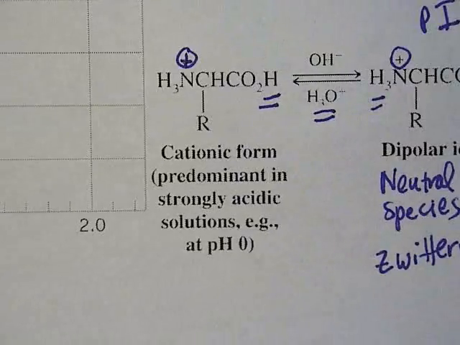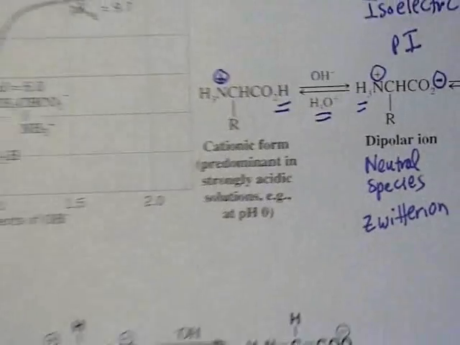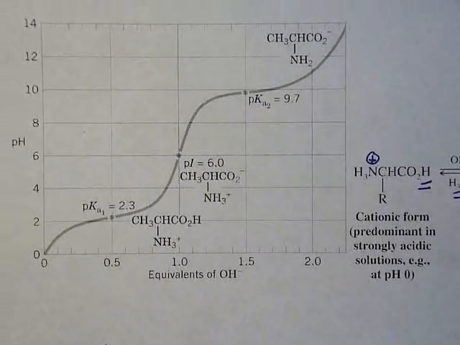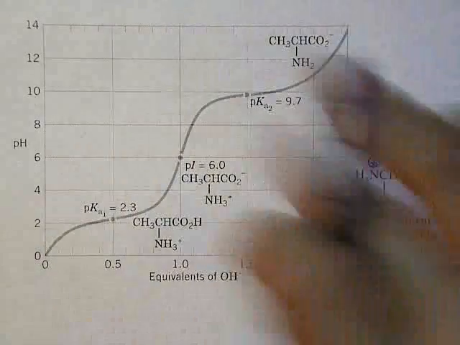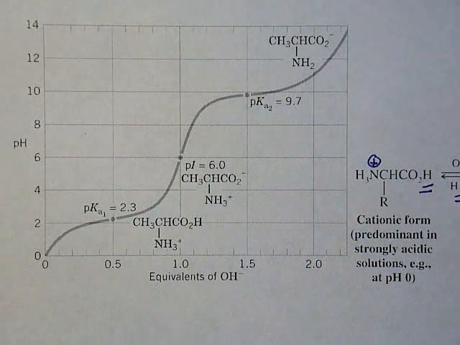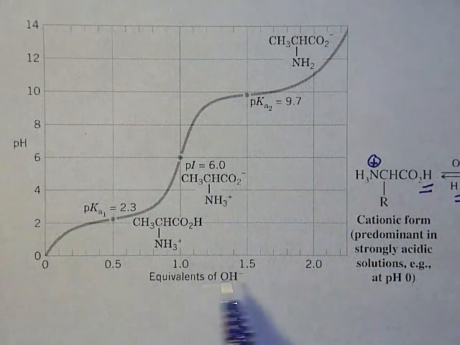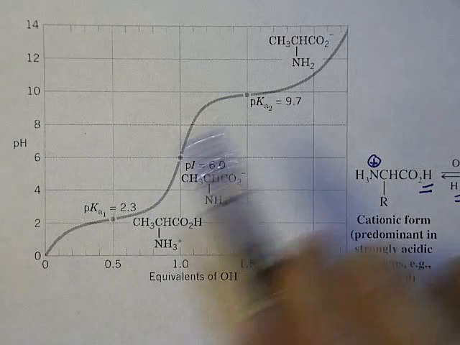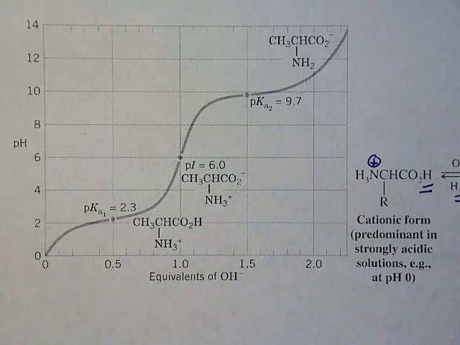So depending on the pH of the environment and comparing that to the pI, you'll see a titration curve like this. This is showing the change in pH as more and more equivalents of hydroxide ion are added, and this just graphically describes exactly what we talked about in the equation form.